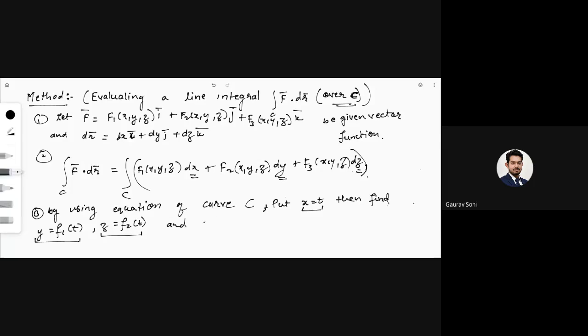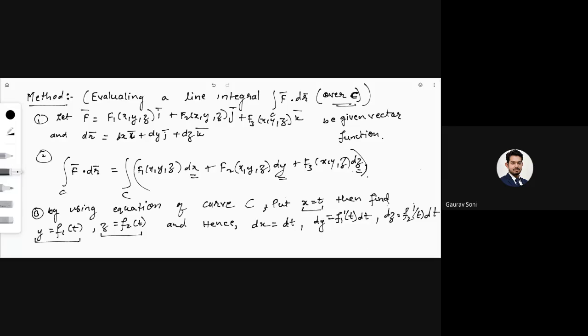Since x is equal to t, dx will be equal to dt. dy will be equal to the derivative of the function of t, that will be f1 dash of t dt, and dz will become f2 dash of t dt.